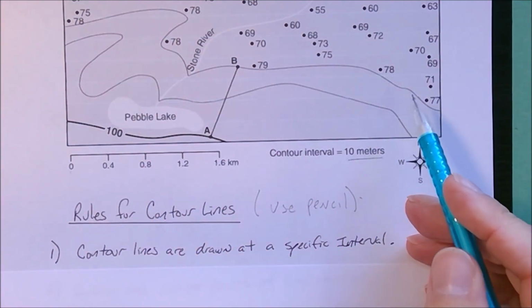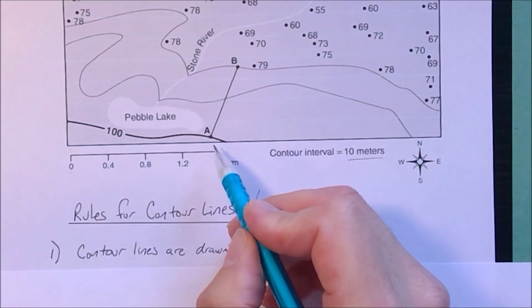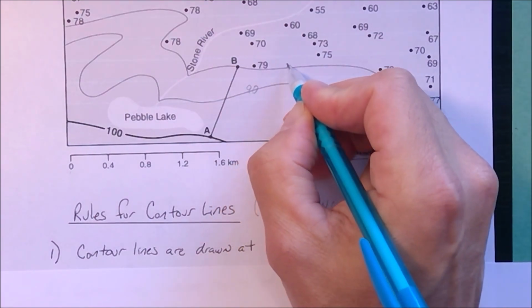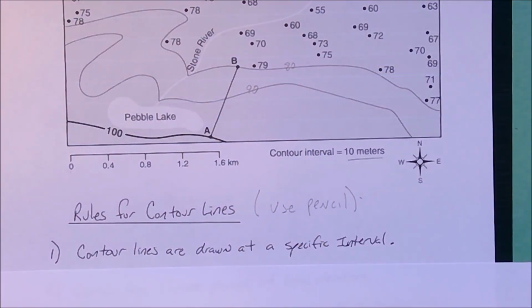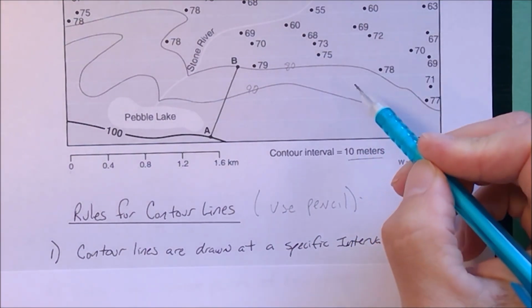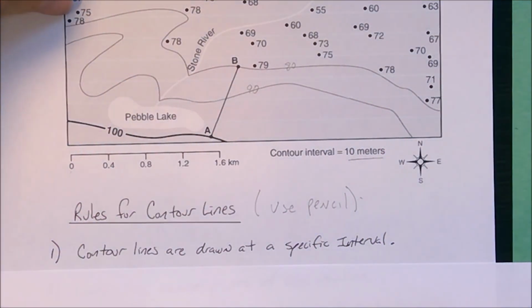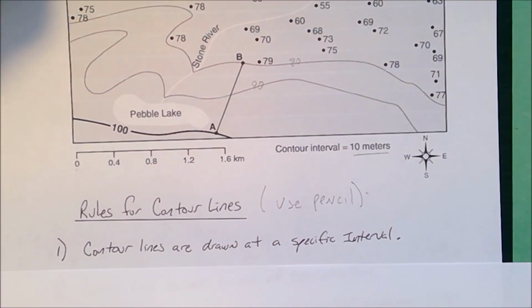There's a 50 higher up on the map. So you can see this is going to go from 100. This line would be 90, and this line would be 80. So the interval is the change in value between lines. And for our map we're drawing today, we're using an interval of 10.